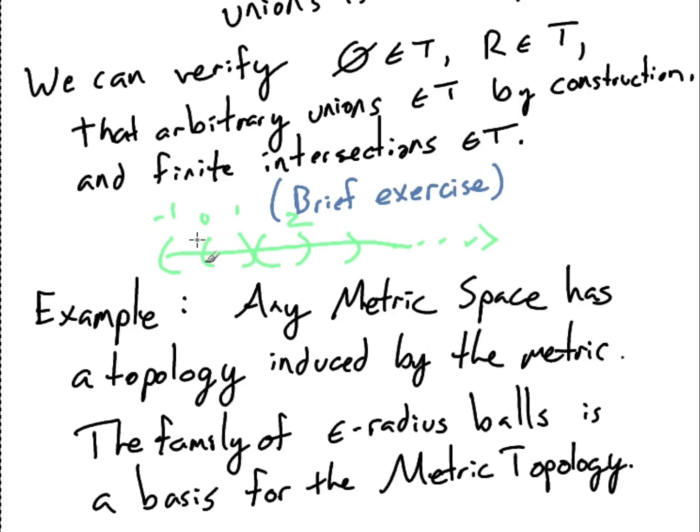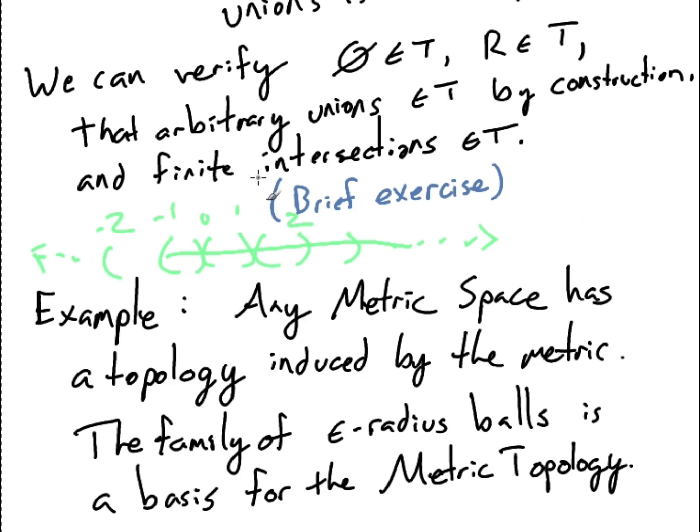Well, we can go this direction as well. We can say the set from -2 to 0, and we can keep this process going in this direction. So this will make a collection of subsets, and so we can reconstruct the entire real line from our basis. And so that's going to be in the topology.